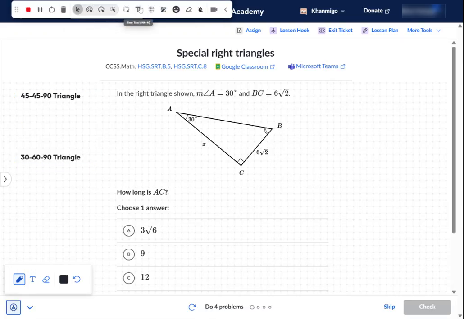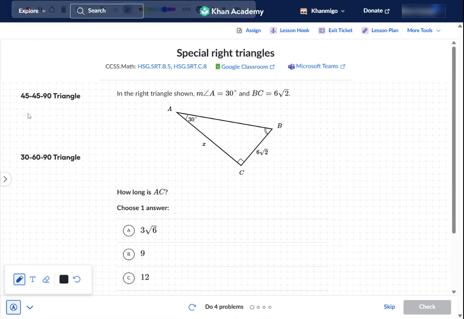So remember, for a 45, 45, 90, how that triangle is formed is by cutting a square in half. So if that's helpful for you to remember, we're taking a square and we're just going to cut it in half.